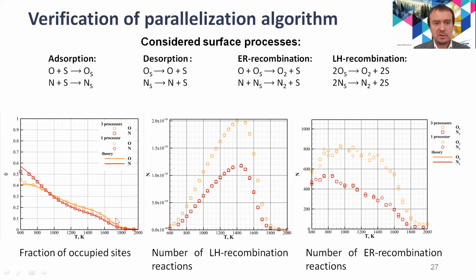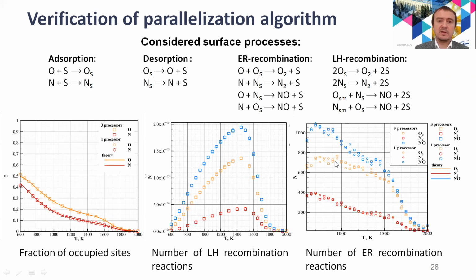And you see very great agreement between the 1 processor and 3 processor cases. If you look closely, you can see this agreement, because the squares and circles coincide greatly with each other. This is the number of LH recombination events and the number of Eley-Rideal recombination events.